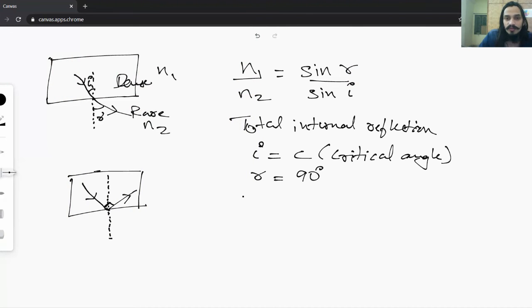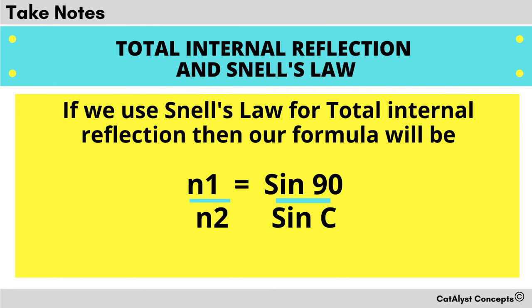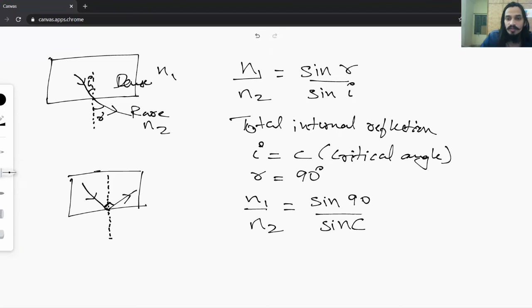So if I use these two values in the formula above, I should get n1 by n2 equals sine 90 divided by sine C. Okay, little mistake, divided by sine C. Since you may not know trigonometry, sine 90 is nothing but 1.